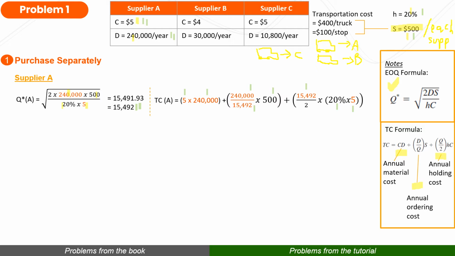And we get the total cost from supplier A is 1,215,491.93.